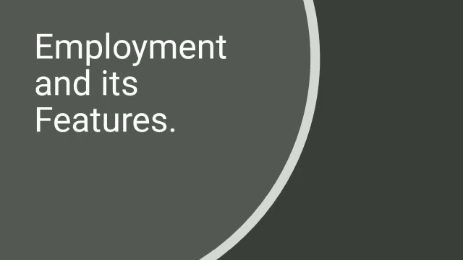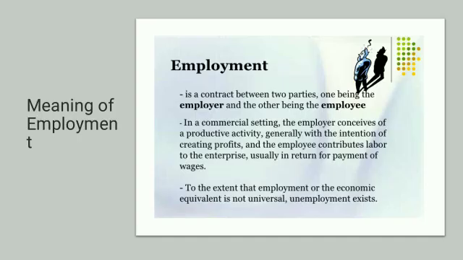Then we'll start with the meaning of employment. What is employment? First of all, it is a part of economic activity in which people work for others. Yes, I'm talking about the boss, the employer. That means in employment there are two persons.